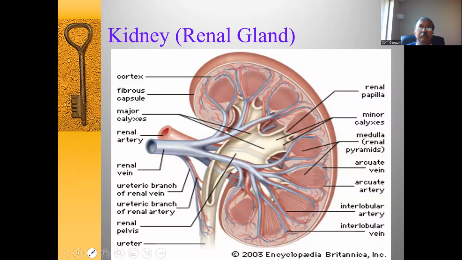Now, kidney, if you look at it through the microscope, if you magnify it 10 times, then what we see is, if you go in the coronal section, in the midsection of this kidney, slice in between anterior and posterior.